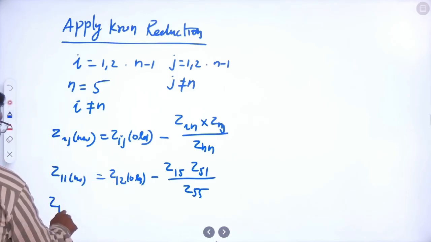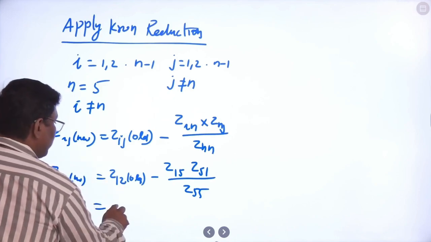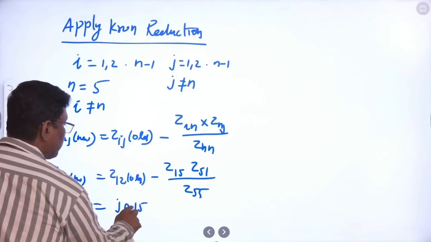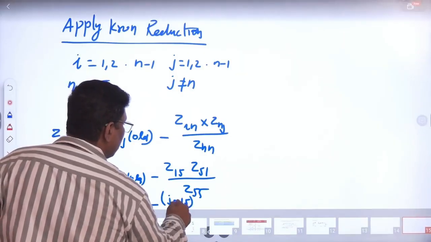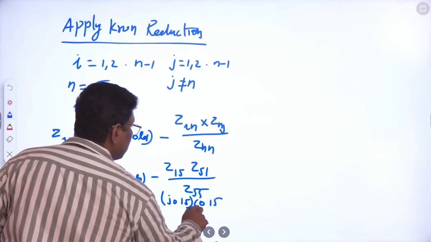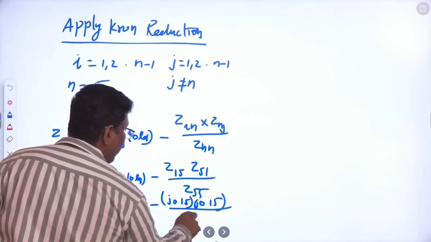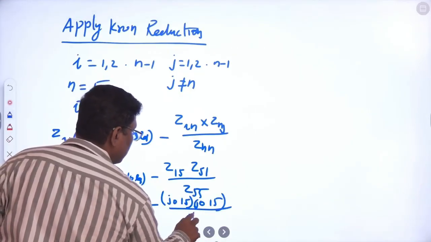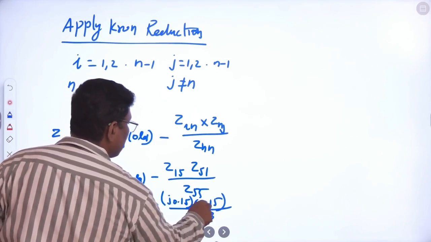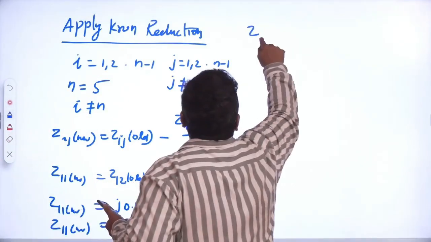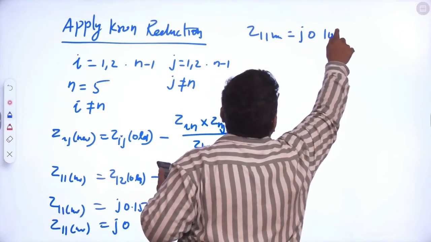So the Z11 new value is j0.15 minus j0.15 into j0.15, divided by the last value j0.53. So the answer for Z11 new is j0.1075.